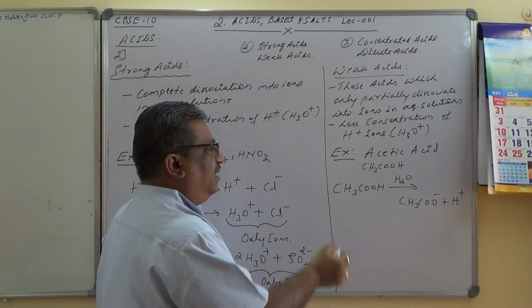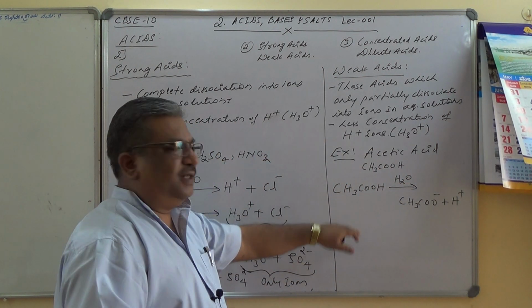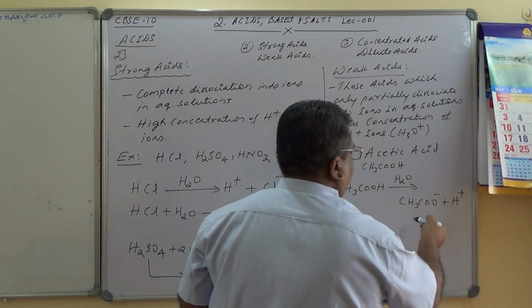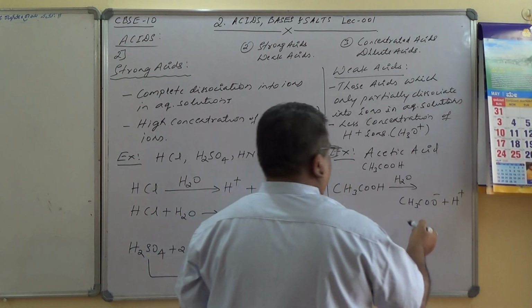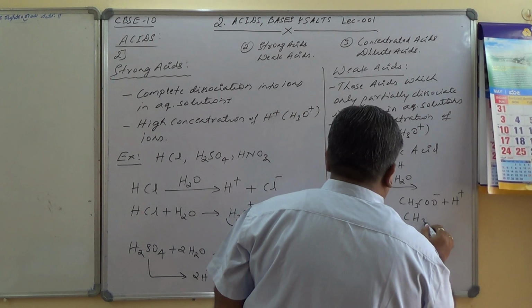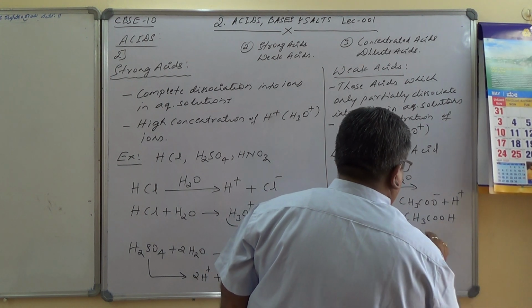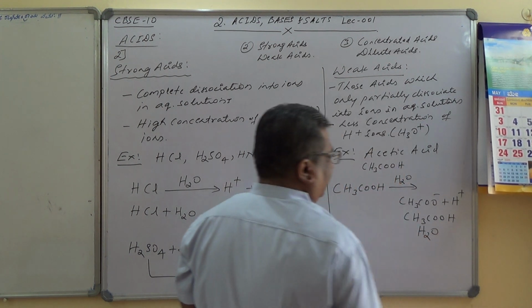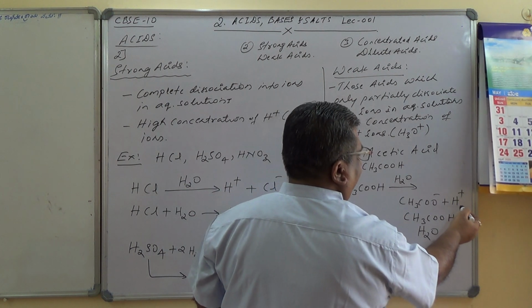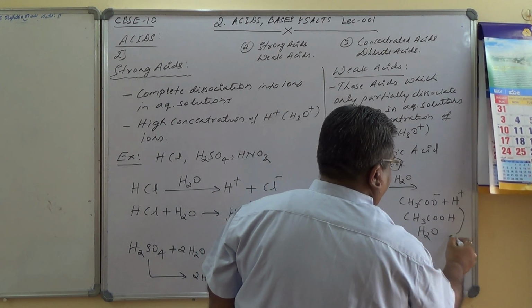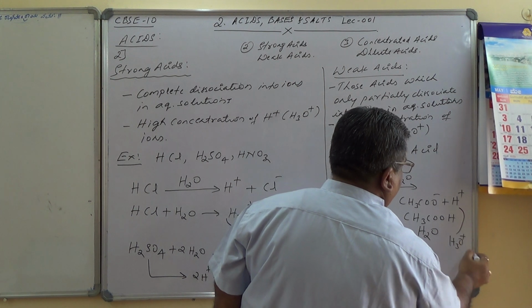But here it does not undergo complete dissociation, and therefore you can also find molecules of CH3COOH and also molecules of water. Now H plus, being unstable, will get converted into H3O plus ions.